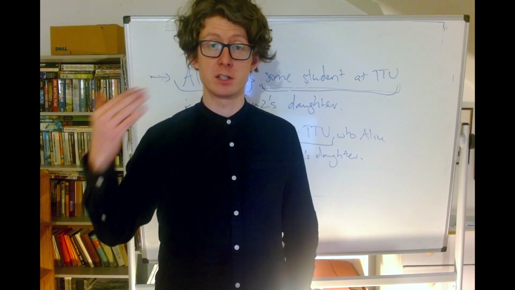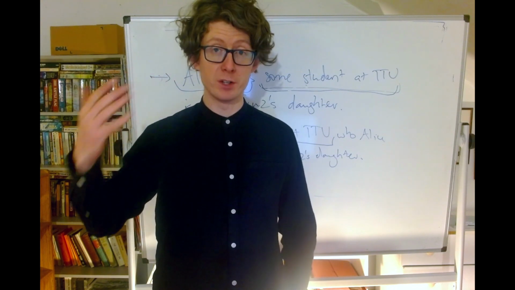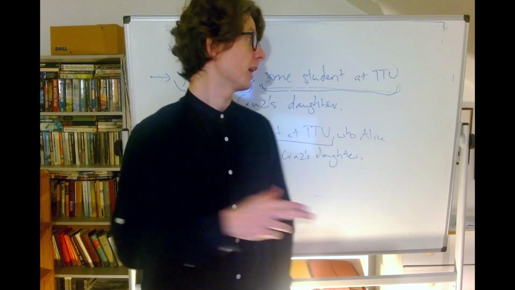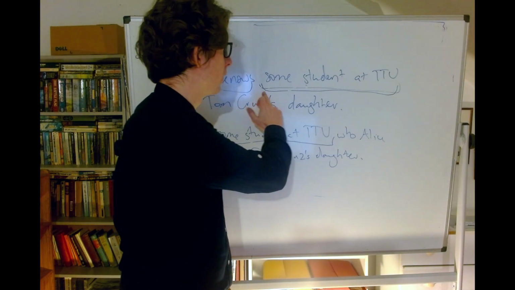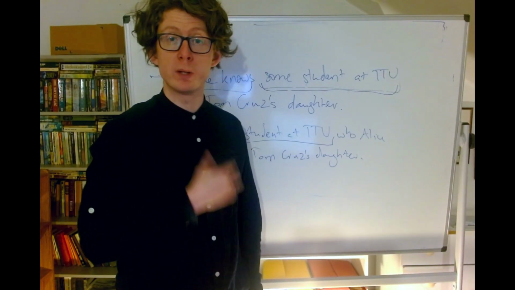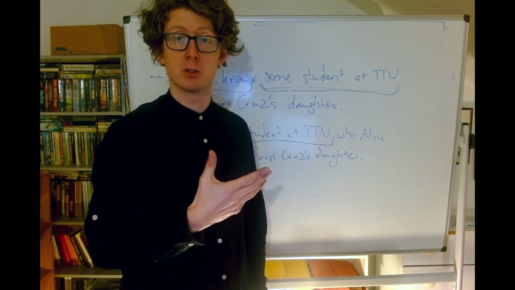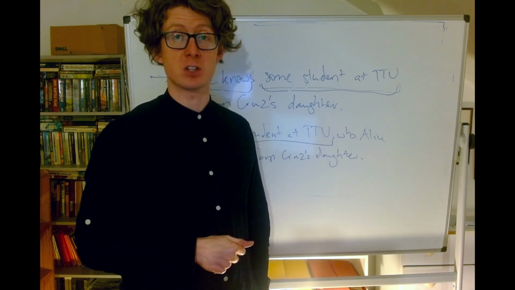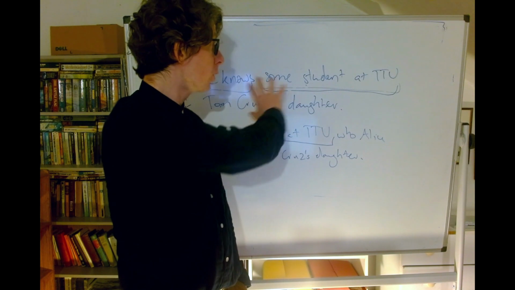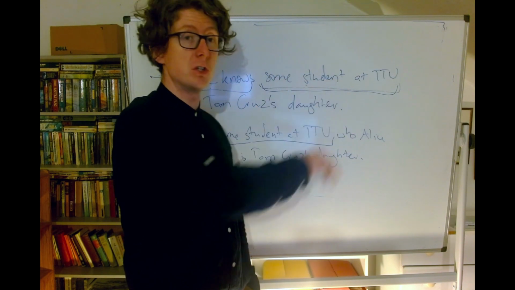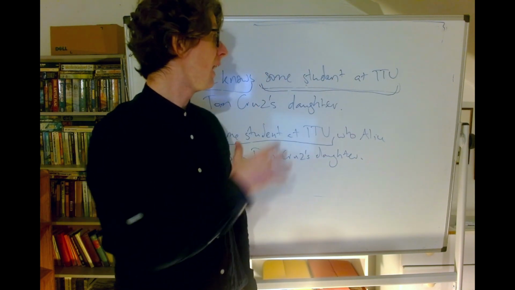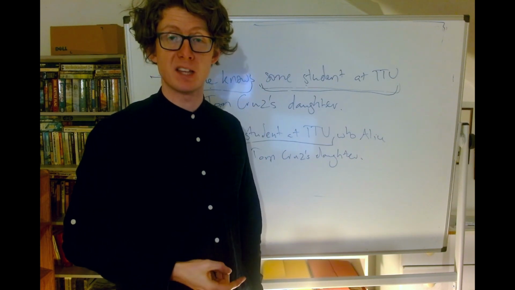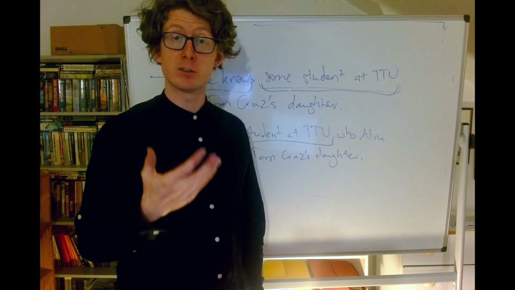Russell is saying that a description is a certain kind of quantifier. So you might think that, well, just like quantifiers like some student at TTU give rise to this thing we're calling scope ambiguity, you might wonder, well, do descriptions also give rise to scope ambiguity? Could we have replaced some student at TTU with a description and gotten a similar kind of ambiguity in the sentence? And in fact, the answer is yes.